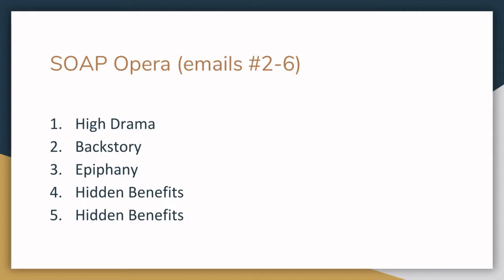And email number 5 is hidden benefits. Remember features and benefits, it's everything that comes after the epiphany. So the epiphany made you feel awesome, but the hidden benefits is how did that impact other areas of your life? Okay, and email number 6 is even more benefits.